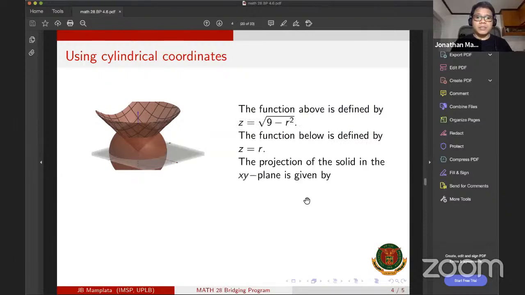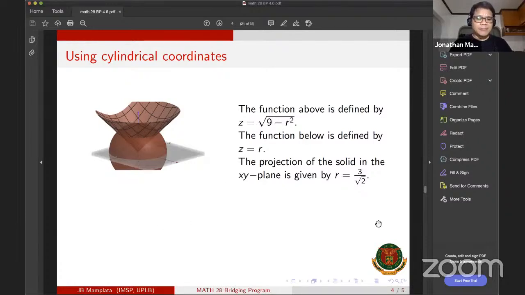So the projection of the solid in the xy plane, sorry, it should be r theta plane, is given by r equals 3 over square root of 2. So again, we have a circle in the r theta plane. Okay. So yung bounds natin for z in the triple integral or in the volume, ito na, kita na natin, lower bound natin is r, upper bound natin is square root of 9 minus r squared. Okay.